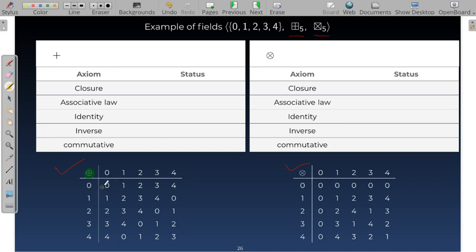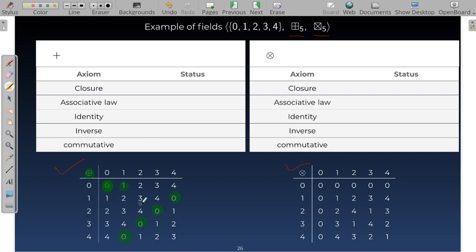Apart from that, each and every row contains 0. So for example, in the first row you have 0 here, in the second row you have 0 here, in the third row you have 0 here, in the fourth row you have 0 here, and in the fifth row you have 0 here. What does it mean?